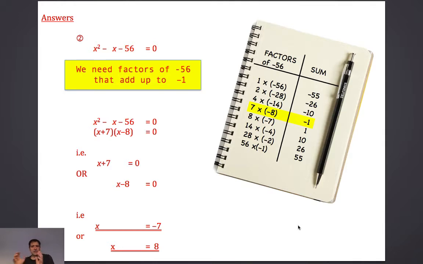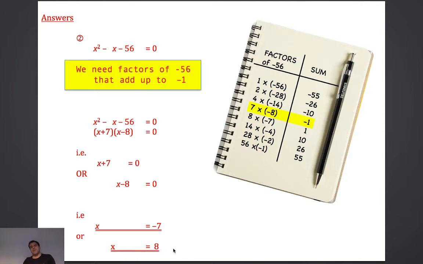They multiply to give minus 56, they add up to give minus 1. So the numbers in the brackets are 7 and minus 8, so x plus 7 times x minus 8 equals 0. So the numbers that will make the brackets 0 are minus 7 and plus 8. So the solutions are x equals minus 7 and x equals 8.